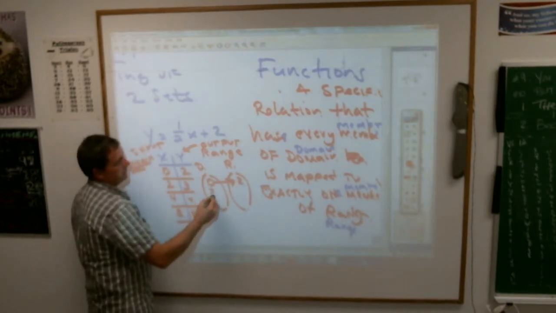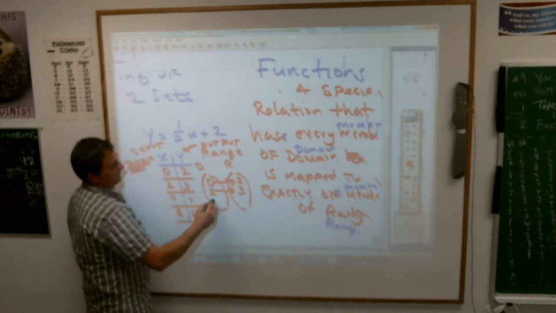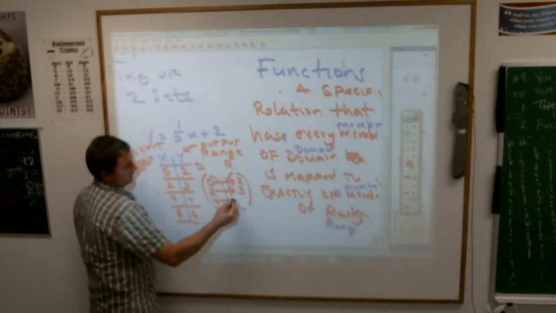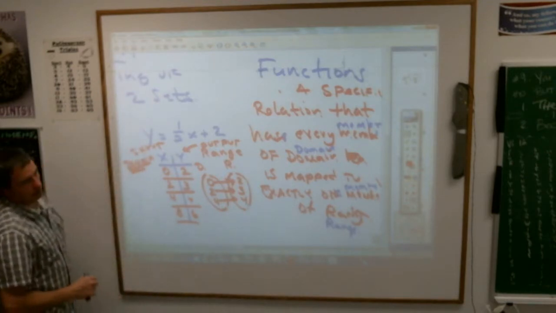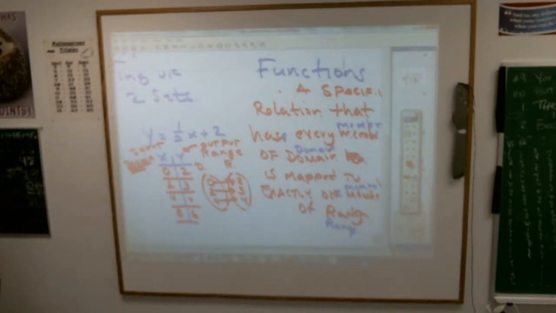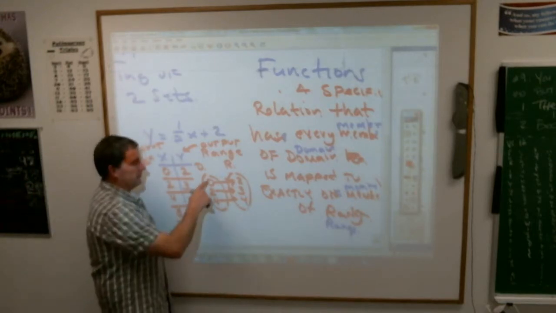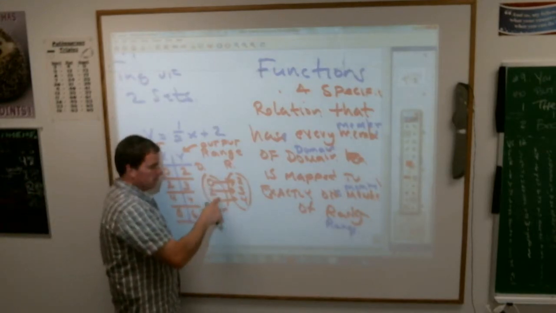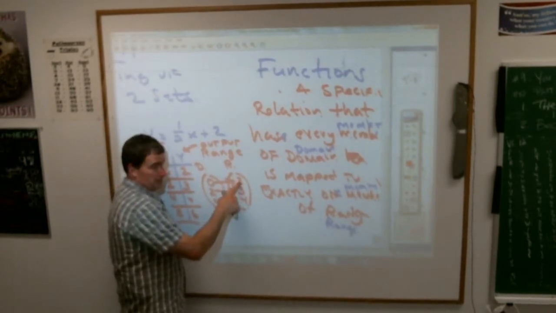If I put 2 here, I draw a little arrow, that equals 3 over here. If I put 4 here, I draw an arrow, that equals 4 over there. In order for something, Ariel, to be a function, you can only have one arrow coming off of this going to a number over here.